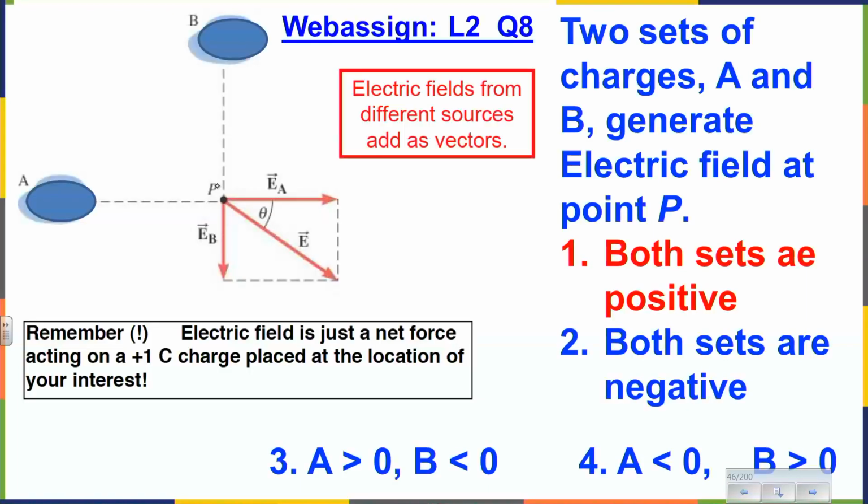We know that for a positive charge, everywhere around it, close or far away, electric field points away.